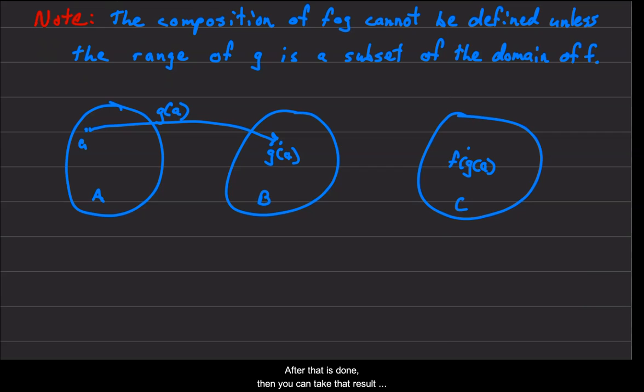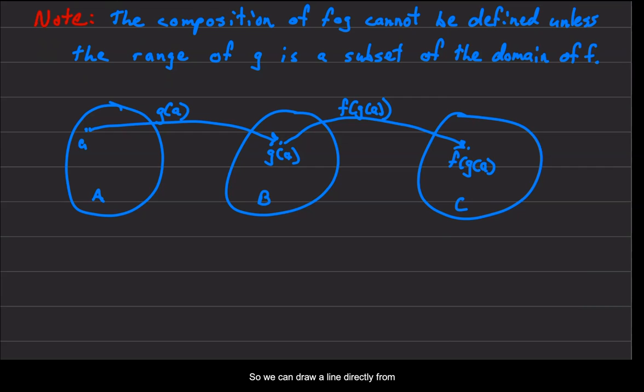After that is done, then you can take that result and apply the function f to it, and you get f of g of a. That is, you're taking the result of the function g of element a and applying it to the function f.